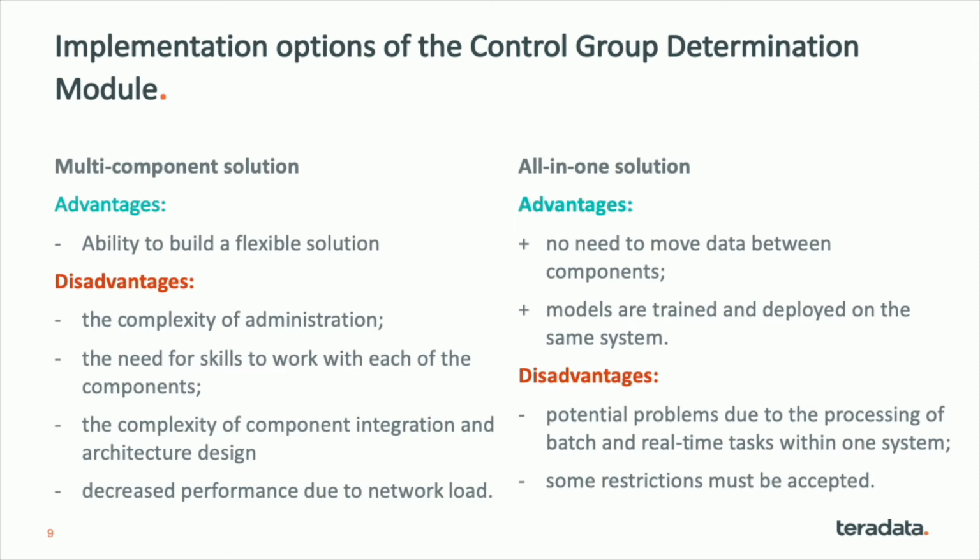The first one is about some restriction, because when we select a solution based on only one component, we must accept all advantages and disadvantages of this particular tool. I mean, in our case, we selected Apache Ignite, and we have to understand that it has advantages and disadvantages.